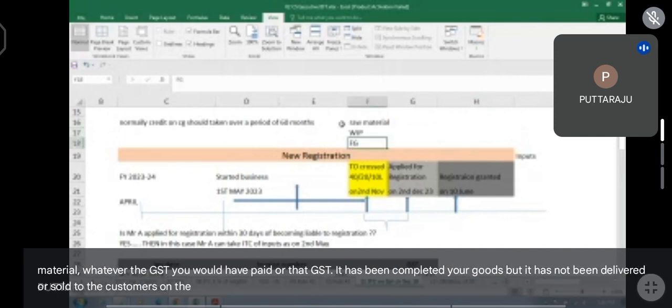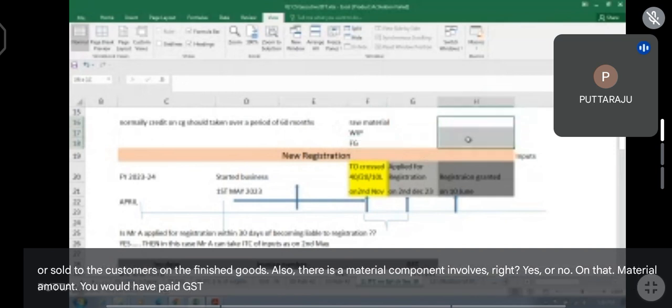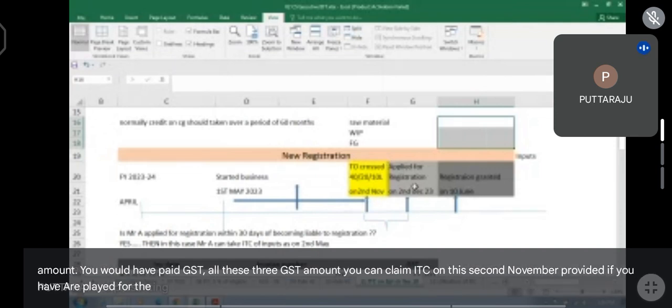On that finished goods also, there is a material component involved, right? On that material amount, you would have paid GST. All these three GST amounts, you can claim ITC on the 2nd November, provided you have applied for the registration within 30 days.